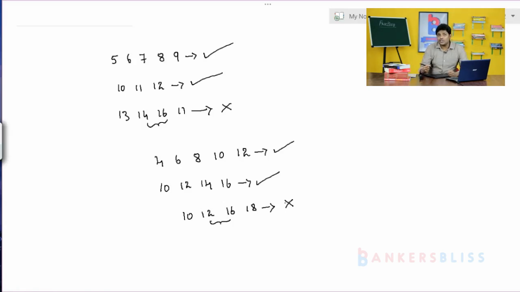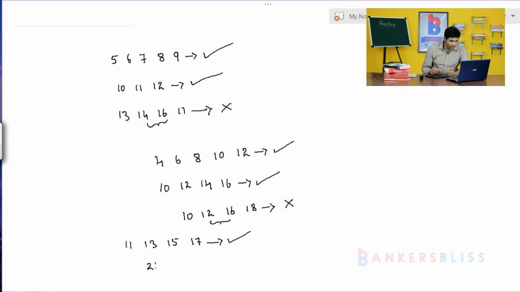Next, consecutive odd numbers. A continuous series of odd numbers is called consecutive odd numbers. Again, it may start from any number in the series and end at any number in the series, but in the middle the series should be continuous. See here, 11, 13, 15, 17 is a continuous series of odd numbers, so it is consecutive.